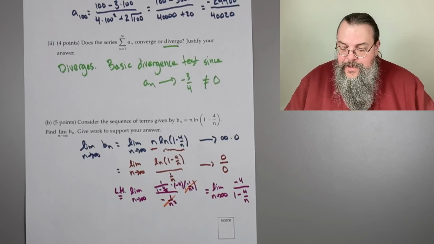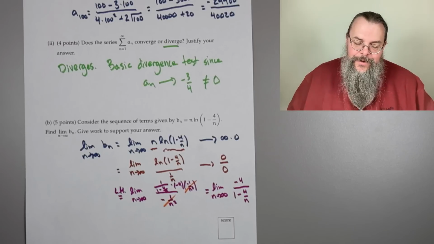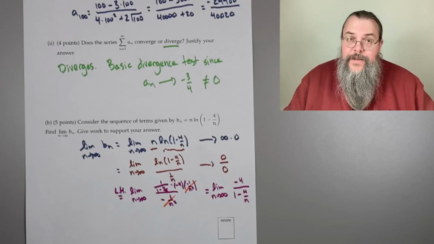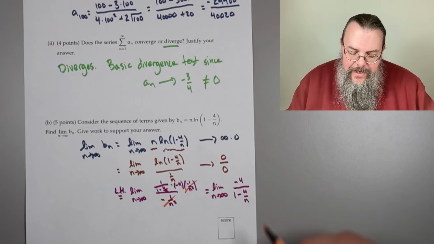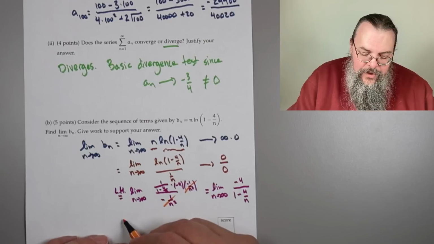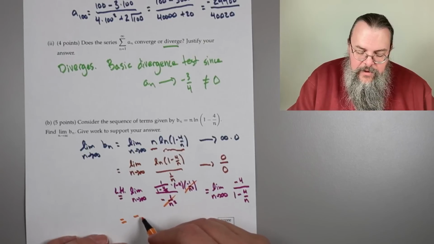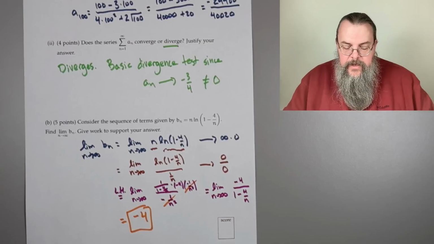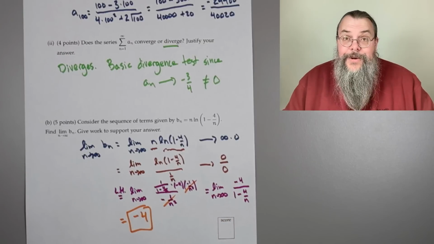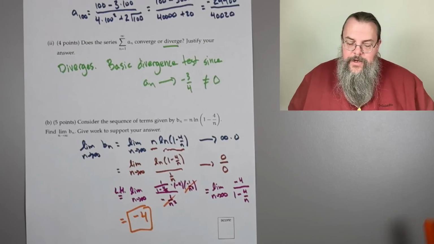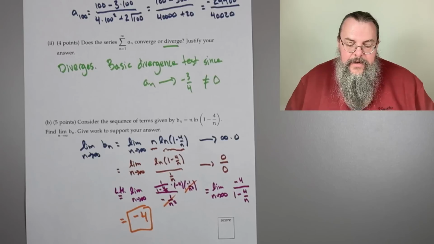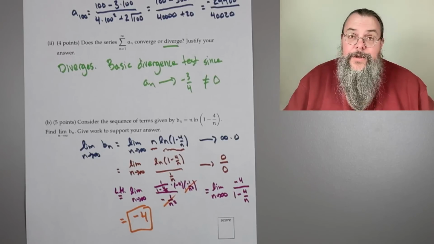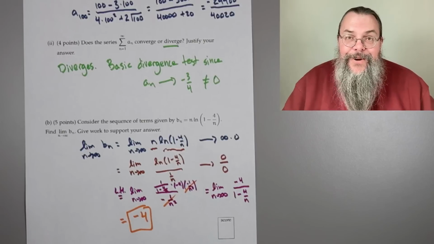What we see here is the 4 over n goes to 0. Aha! Cool. And so we end up with minus 4. All right. And there you go. There's our answer. Well, cool. And another problem down, right? Yes. And, well, let's keep going.